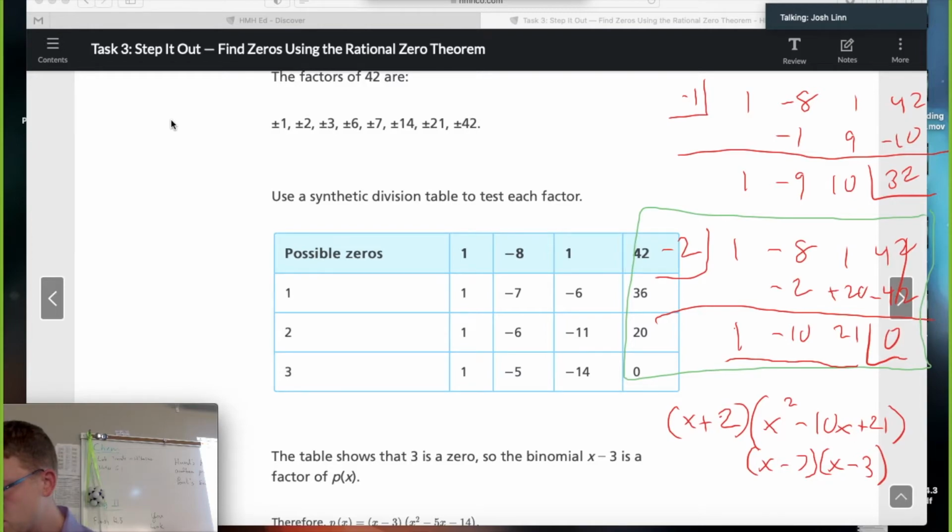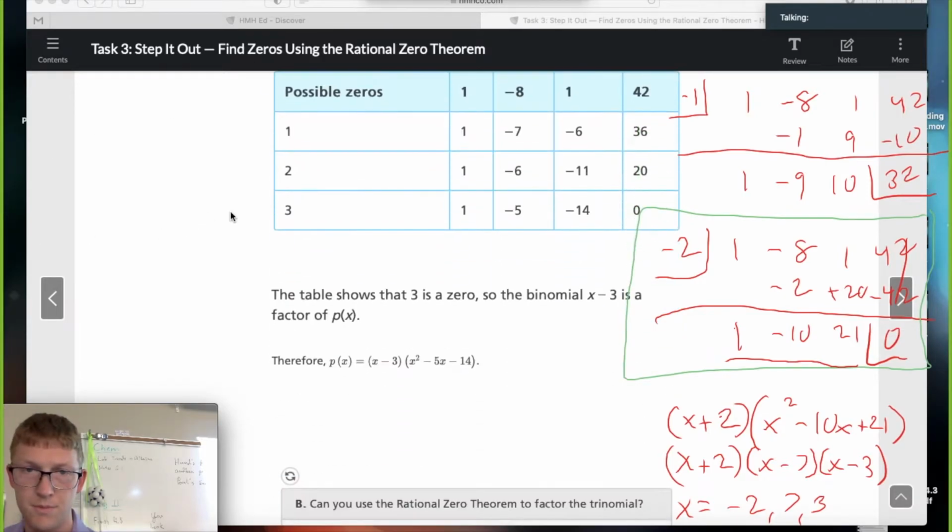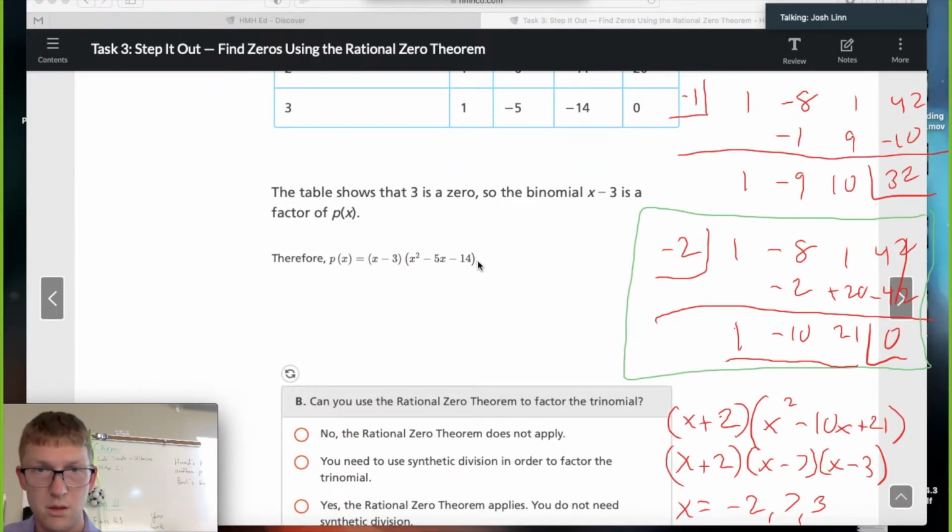So our actual zeros, we'll bring our x plus 2 down. Our actual zeros are x equals negative 2, 7, and 3. So again, they just found a different root, but we found that same root eventually.